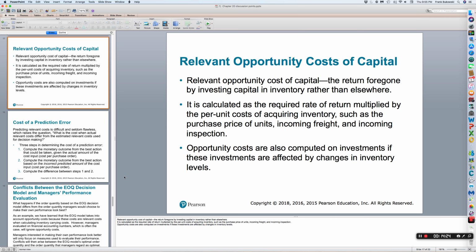Relevant opportunity cost of capital would be defined as the return foregone by investing capital in inventory rather than elsewhere. It just means that if we have a limited amount of capital, limited amount of money, we can either invest it in, let's say, stocks and bonds where we may get a return of, let's say, 10%, or we can invest it in inventory.